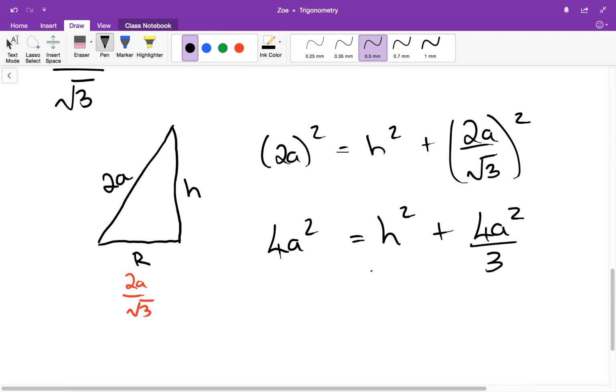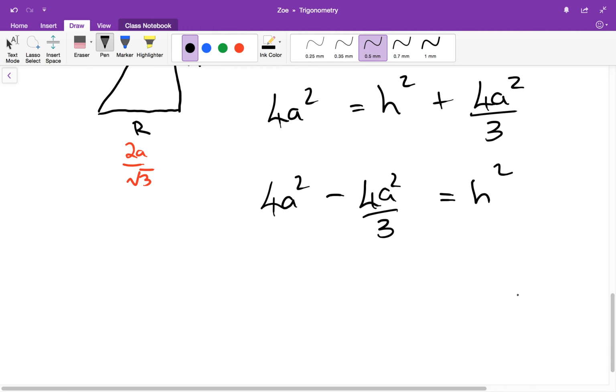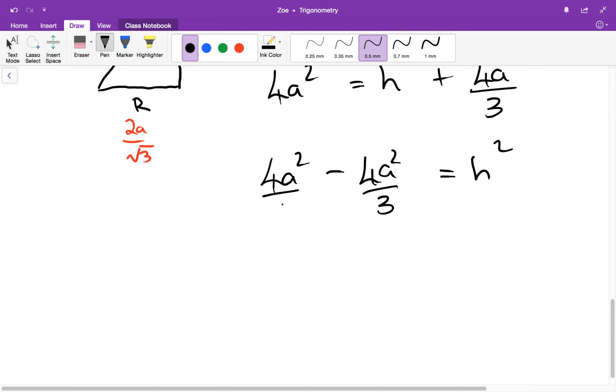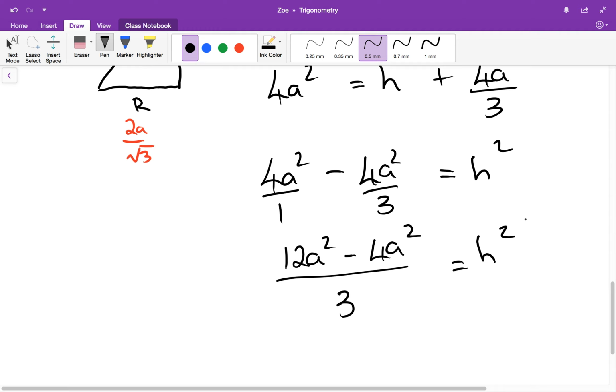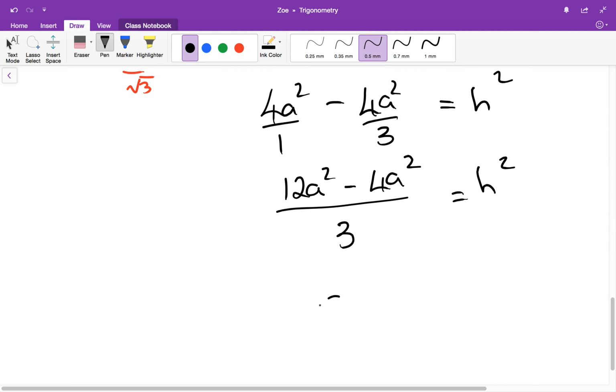So again, this is me getting h in terms of a, so bring this over, so I have 4a squared minus 4a squared over 3 equals h squared. If I do a common denominator on the left hand side, I will get 3. 1 into 3 goes 3 times. Multiply that by the 4, I get 12a squared minus 4a squared equals h squared. So that is 12 minus 4, which is 8a squared over 3, equals h squared.